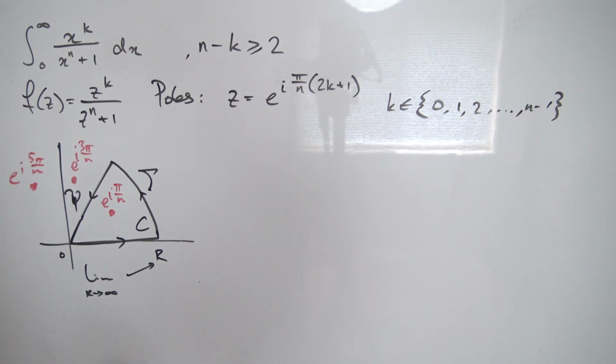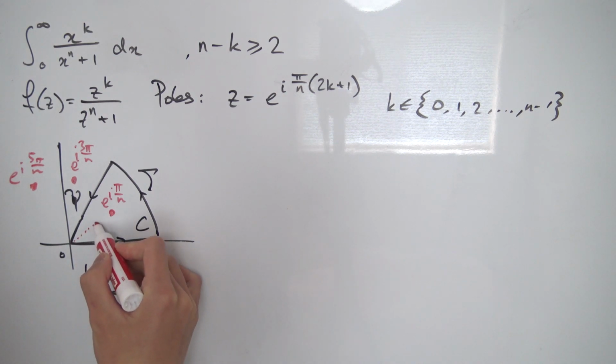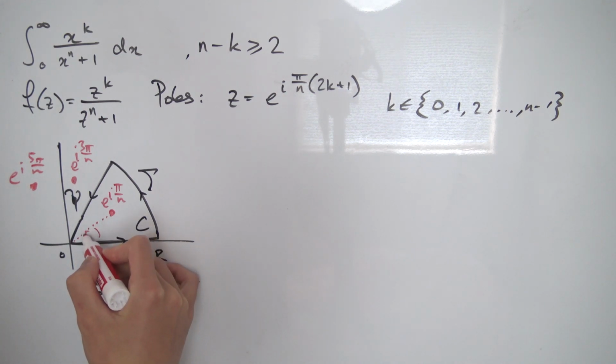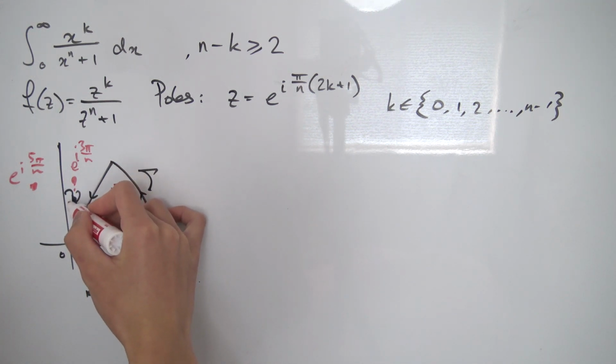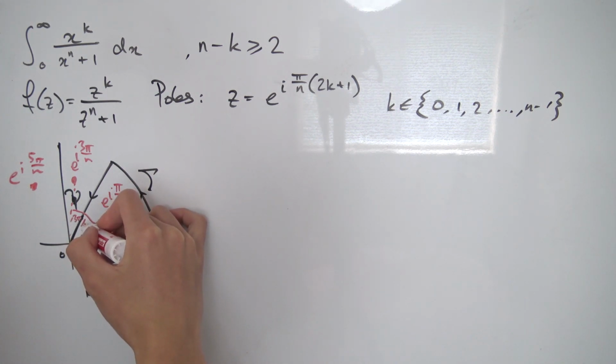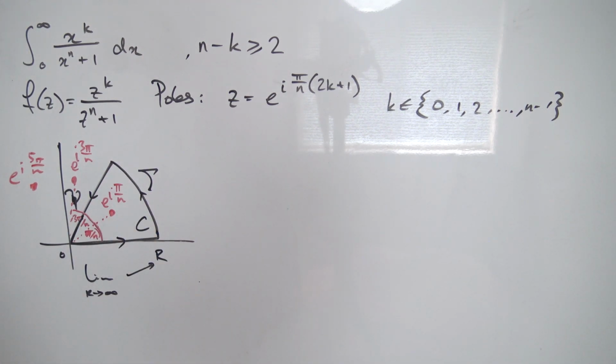So notice we have an angle of pi over n going up over here, and if we look at this next pole right here, we have an angle of 3 pi over n. We want this psi path to have an angle of 2 pi over n, so the part of a ray which passes in between these two poles.